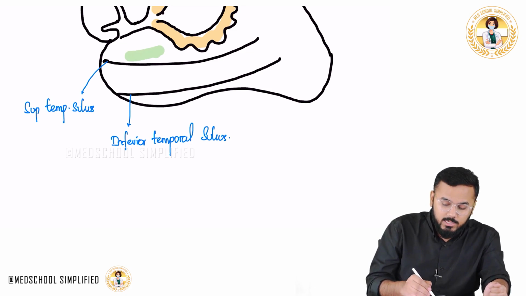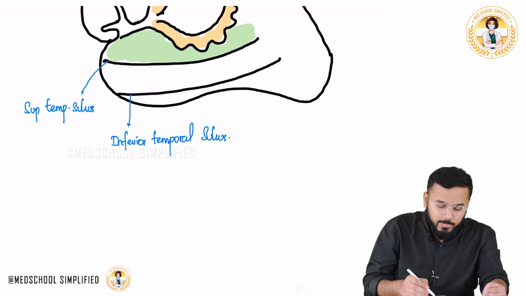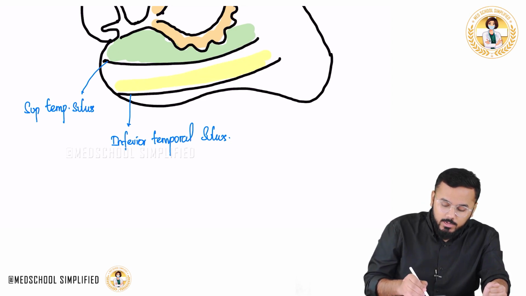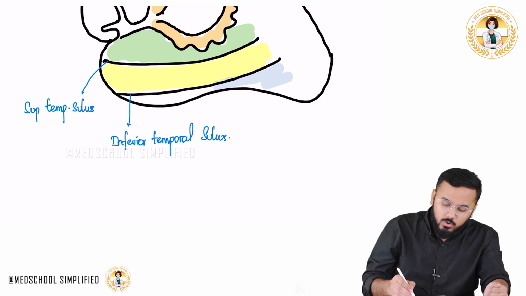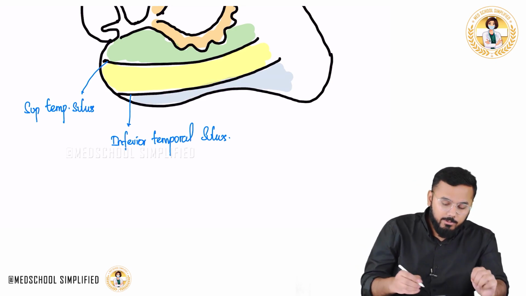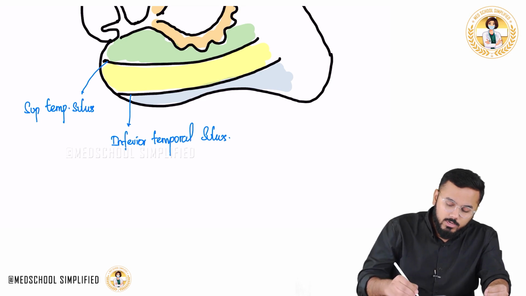So what are these three gyri? See this green color shading, whatever I'm doing here, this gyrus is called the superior temporal gyrus. And after that, this yellow color one is called the middle temporal gyrus. And the last one, this one is called the inferior temporal gyrus. So we have three temporal gyri over here. So what are these three?